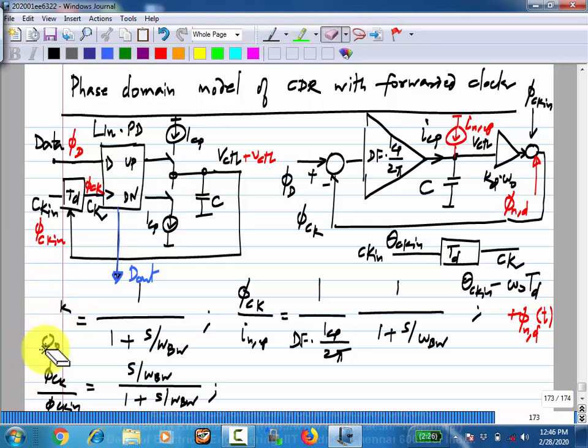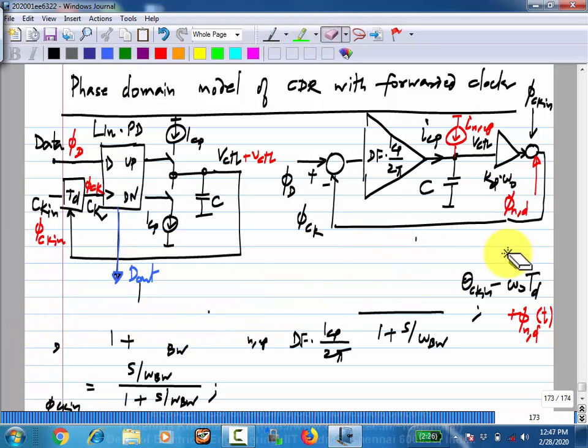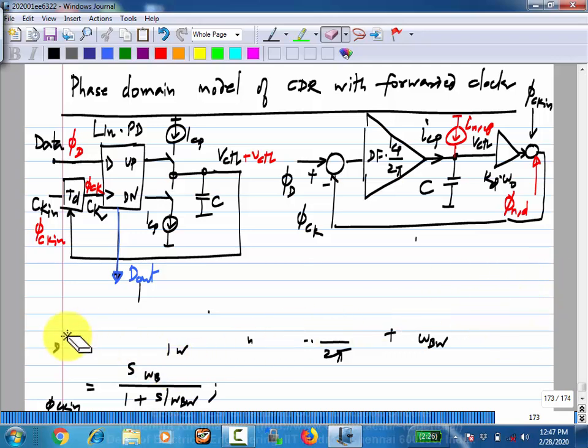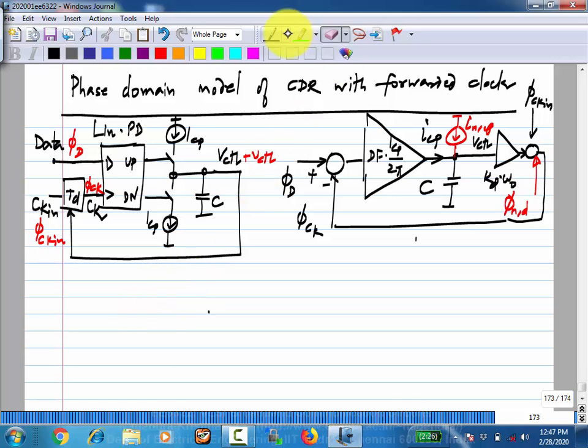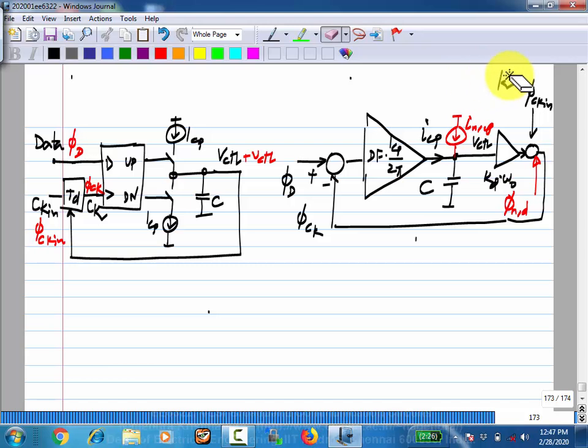So let's say I use a bang phase detector here. So if this is a bang phase detector instead, what will change? So basically, this is not a linear gain of df times ICP by 2 pi.